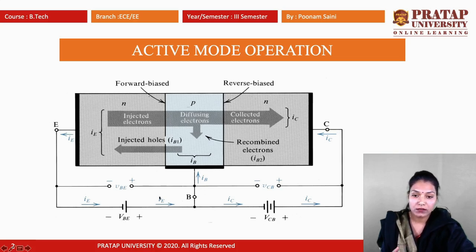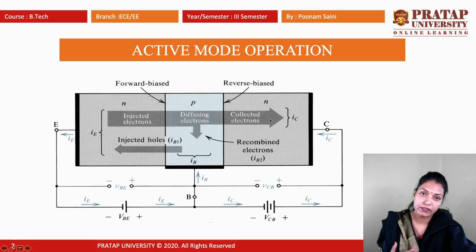So this is the active mode operation of the BJT. One junction should be forward biased and one reverse biased. The emitter injects electrons into the base, recombination of electrons and holes occurs in the base, and electrons are collected in the collector. So this is the active mode operation of NPN.